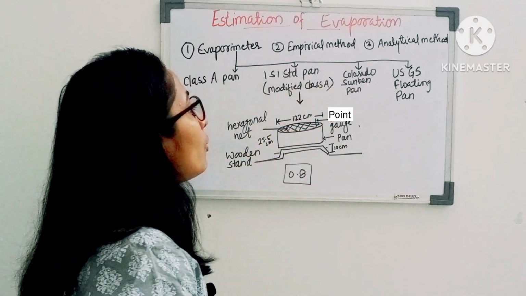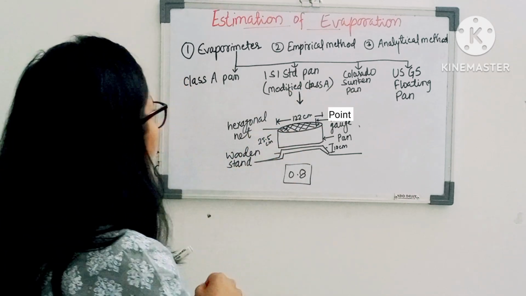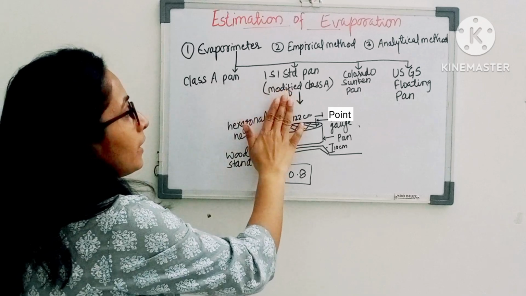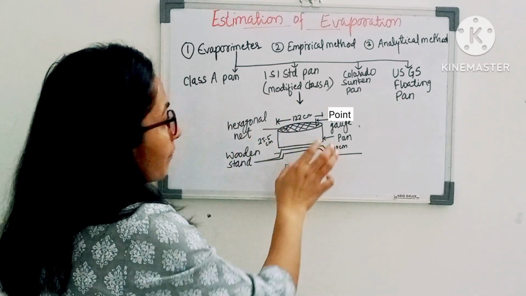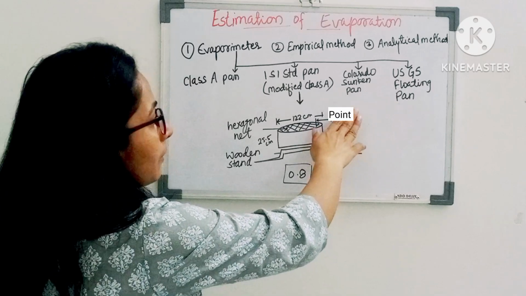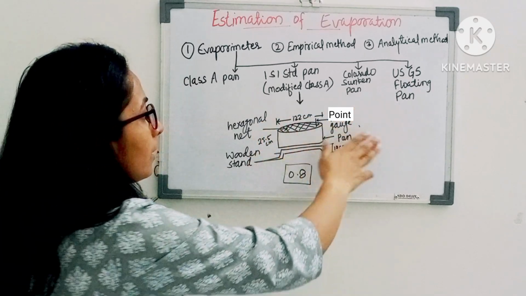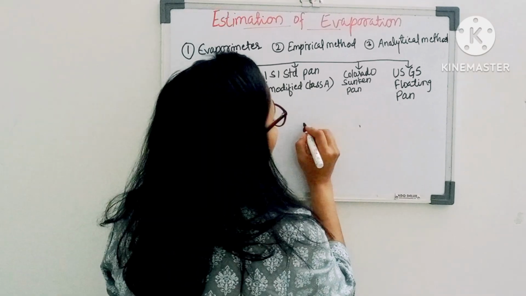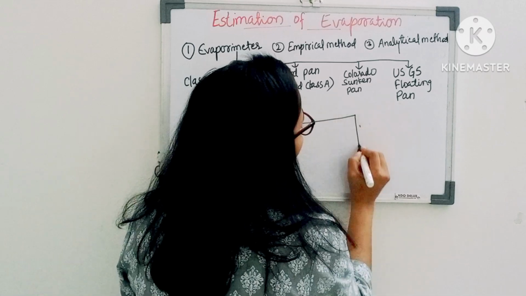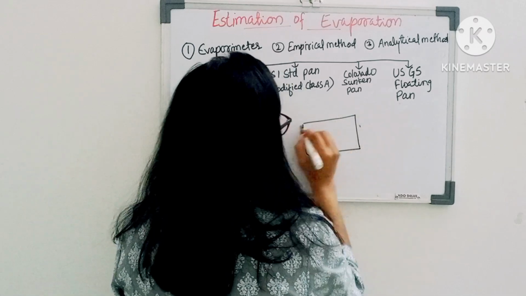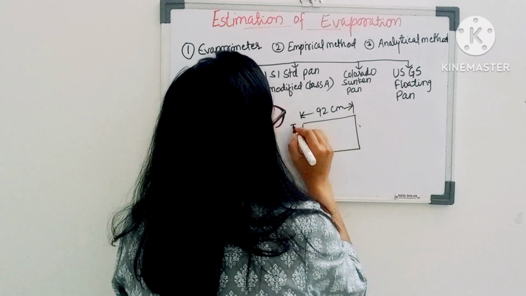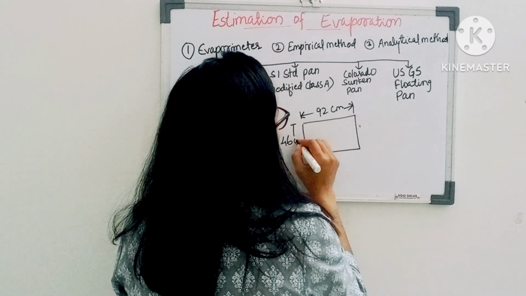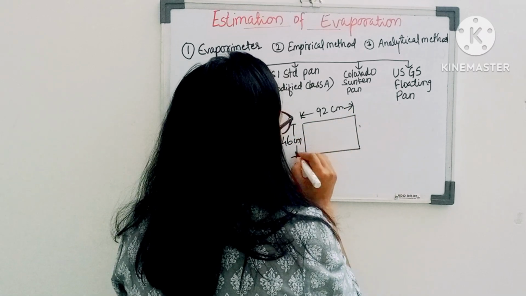Then the next one is the Colorado sunken pan evaporimeter. The class A pan evaporimeter and the ISI standard pan evaporimeter are almost the same. However, the Colorado sunken pan and the USGS floating pan are different. The Colorado sunken pan is a square pan having 92 centimeter width and 46 centimeter depth.